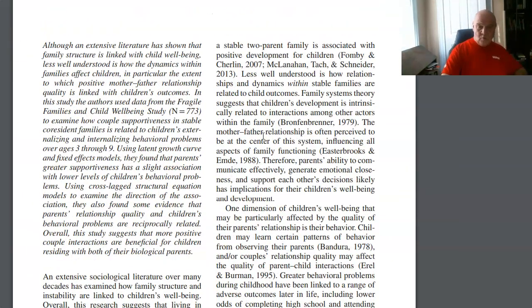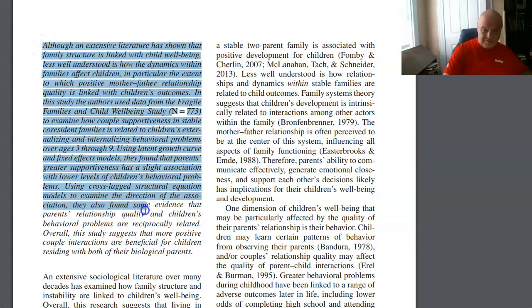One thing you want to know about academic journal articles is that they're always going to give you something called an abstract. This piece at the beginning is sometimes in italics or bold print. It gives you a thumbnail description of the research.